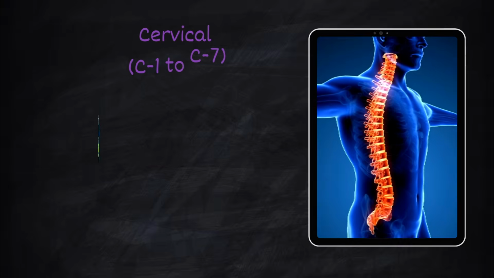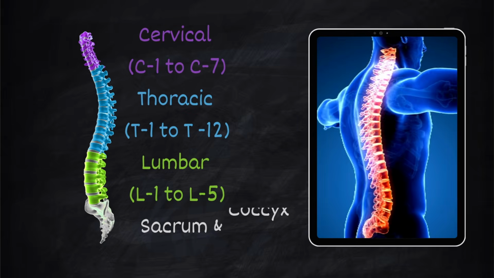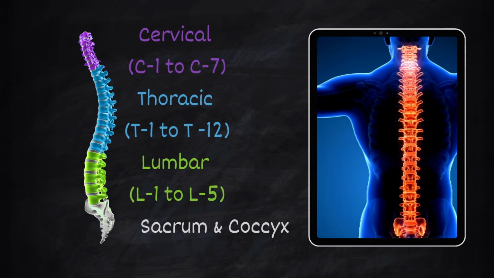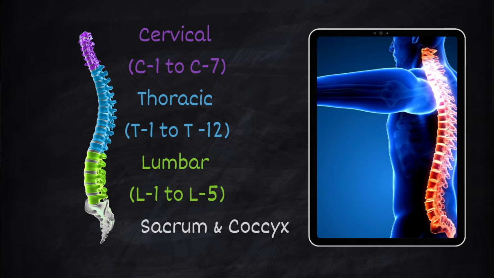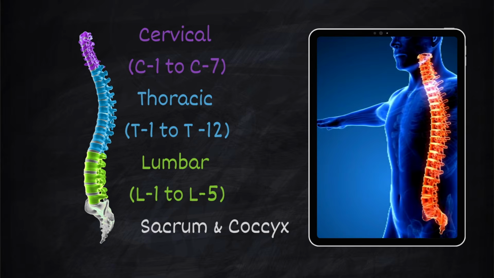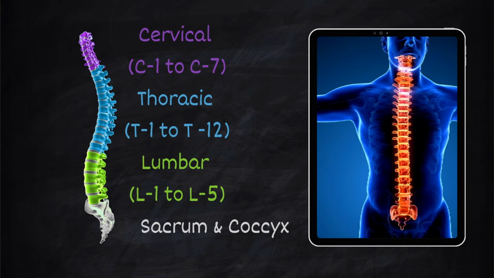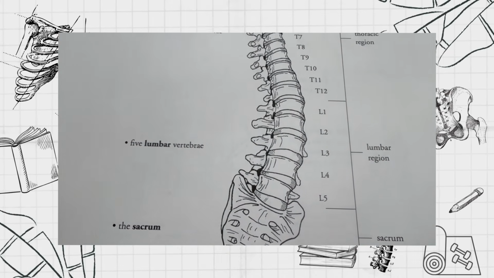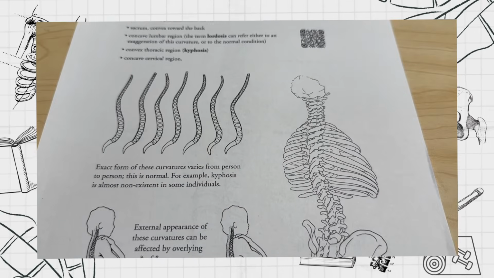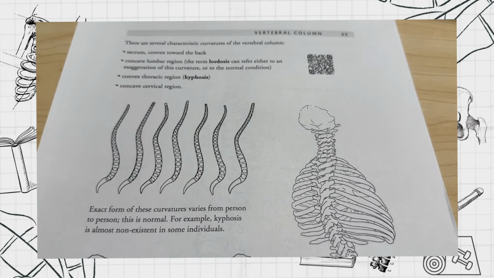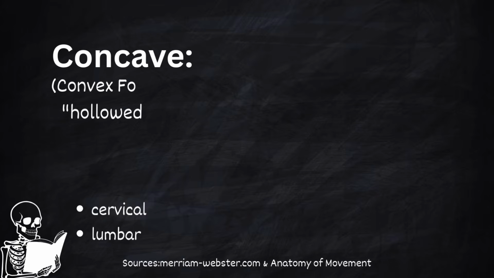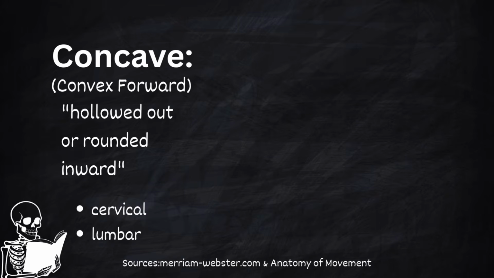And next thing we're going to look at is the spine. So we are looking at the three sections of the spine: the lumbar, the thoracic, and the cervical. In ideal alignment, your spine has a natural slight S curve with concave and convex curvatures. Concave, or convex forwards, means hollowed out or rounded inward, like a cave.